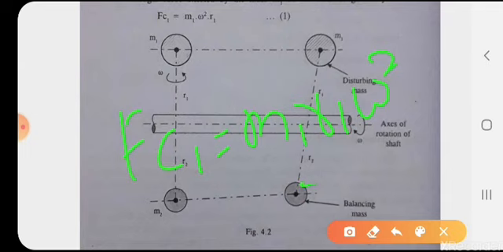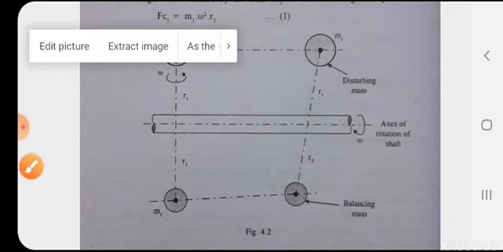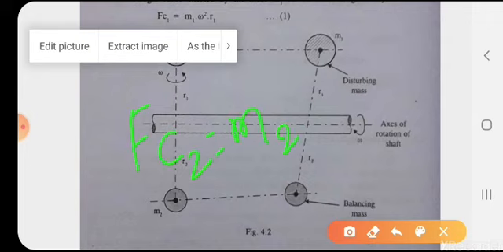So this is equation number 1. Similarly, for equation number 2, Fc2 equal to m2 r2 omega square.